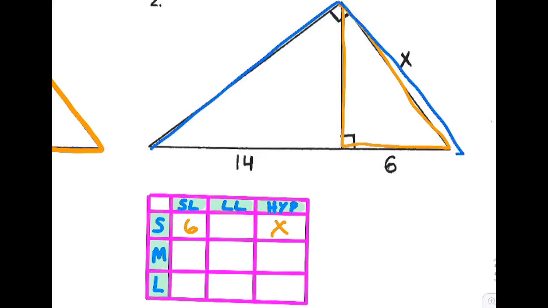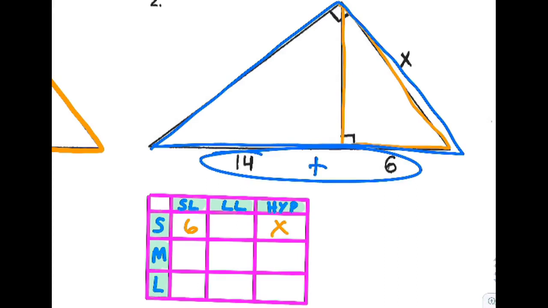It must be the large. And it looks like I have 20 here and x here. So the short leg, which is the upside down bottom, is x. That's the large triangle. And the hypotenuse, which is across from the right angle, is 20. It's the 14 and the 6 together.